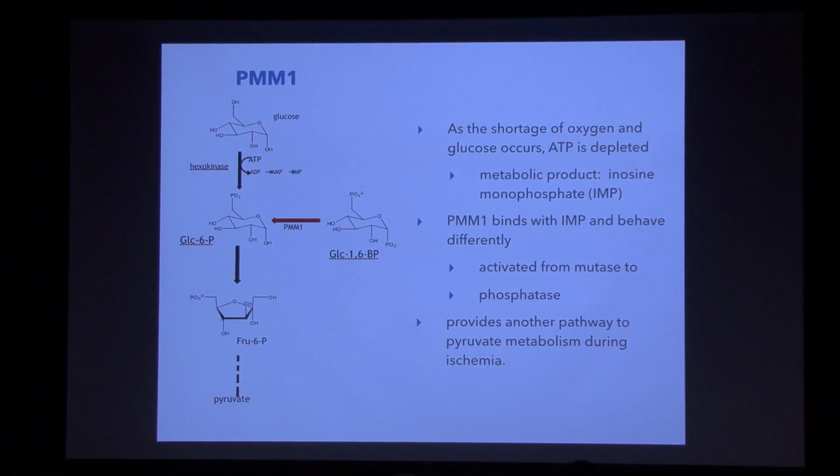So it provides another pathway for pyruvate metabolism during ischemia, and it seems to have some medical application on that part. So the purpose of my senior thesis project is just to determine the physiological structure and functionality of PMM1, as well as the structural difference between PMM1 and PMM2 that allow only PMM1 to bind with IMP and switch the activity from a mutase to a phosphatase.